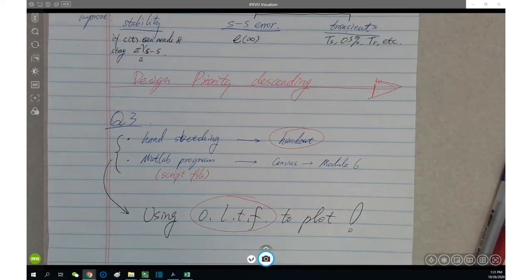This concept and this description is very confusing. I admit it. However, by learning more, it makes more sense. Now you just need to keep it in your notes or mind, which is even better. We're using the open loop transfer function to plot the closed loop transfer function poles as the root locus of the system.